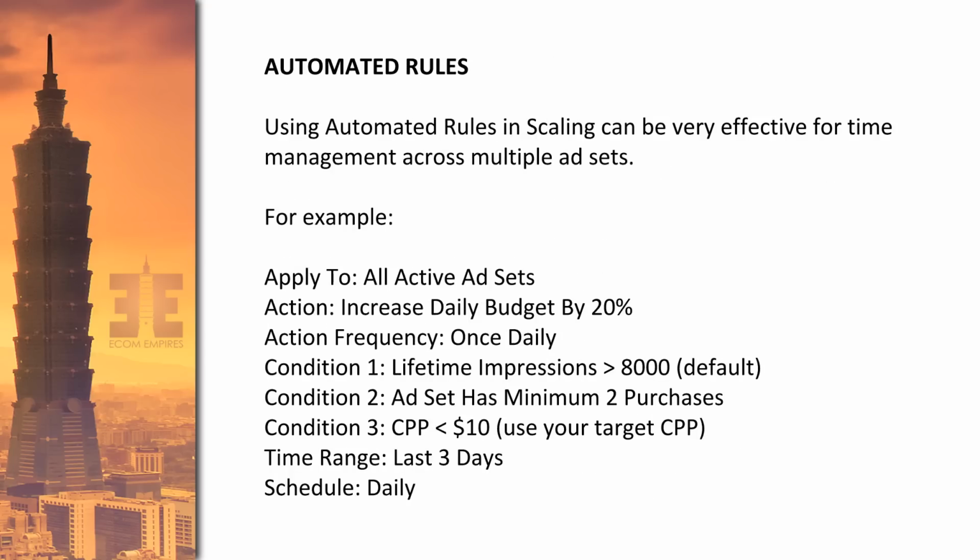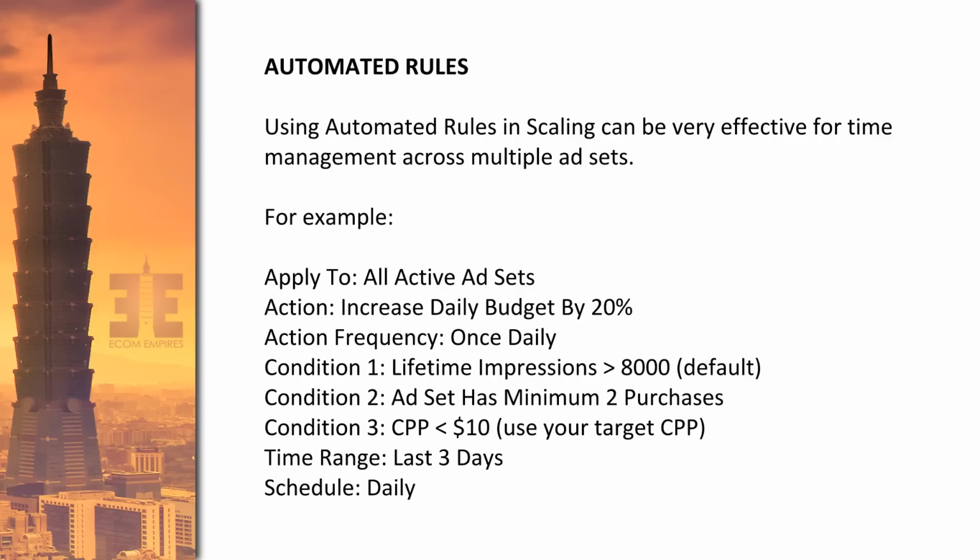Automated rules. Using automated rules in scaling can be very effective for time management, all right, because it allows you to just set up a rule that will monitor your ad sets for you. So, for example, this is one that will increase your daily budget by 20%, like we talked about in the beginner level, without you having to actually go in and do it every single time.